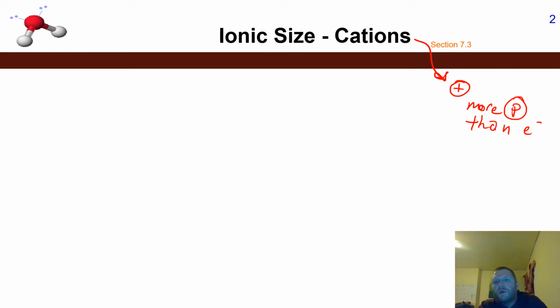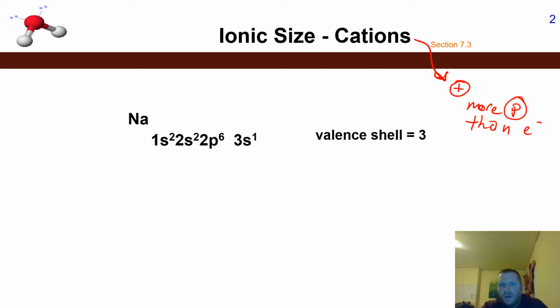And so whenever you talk about a cation compared to the parent atom, as we see in the case of sodium, sodium has an electron configuration of 1s2, 2s2, 2p6, 3s1. The valence electrons are in the third shell, or n equals 3, so that outermost shell. For Na plus, what does that electron configuration look like?